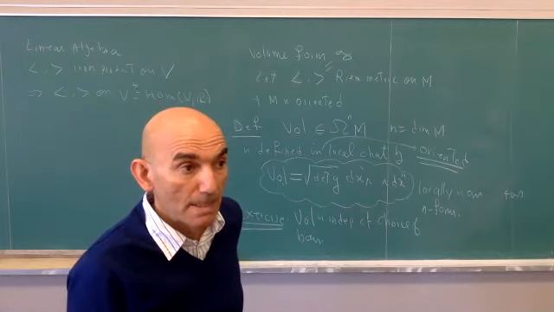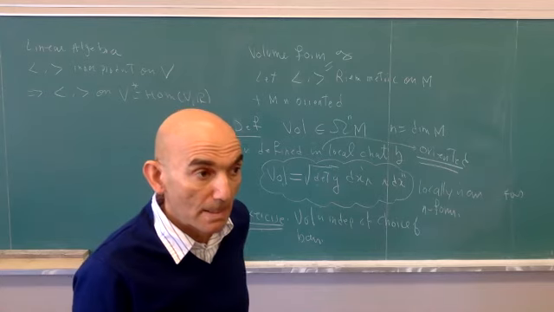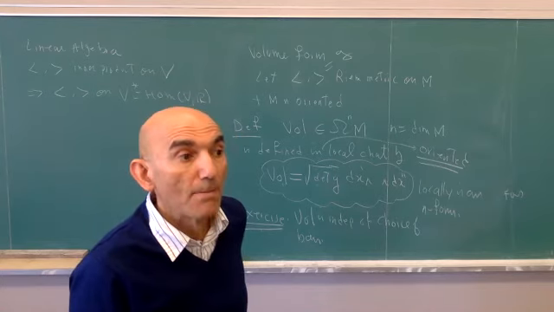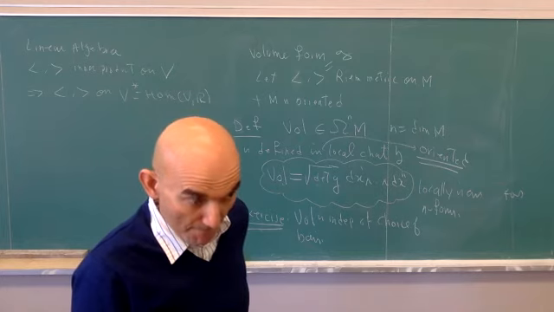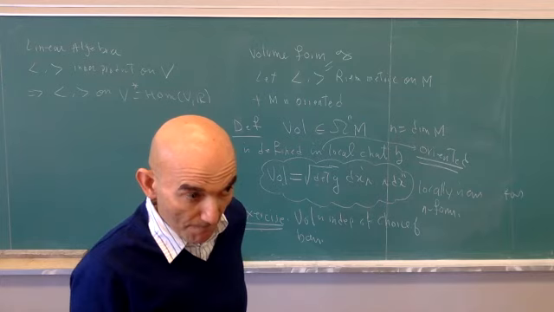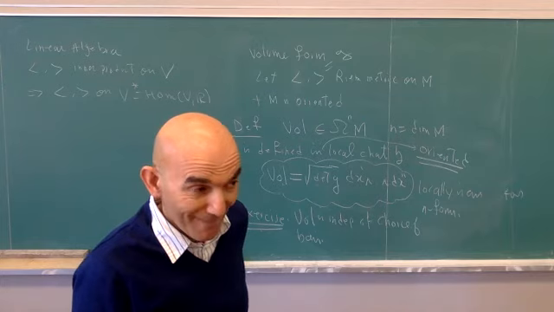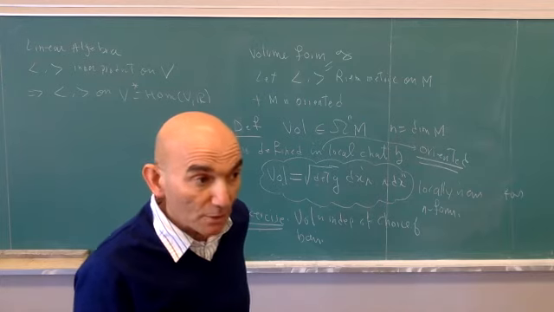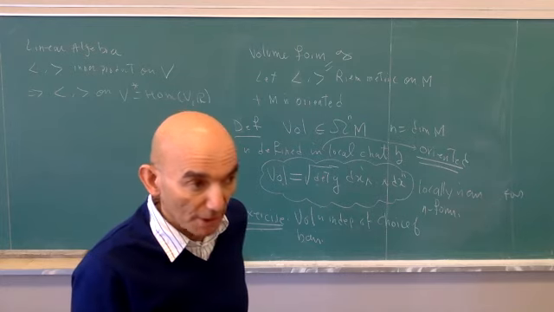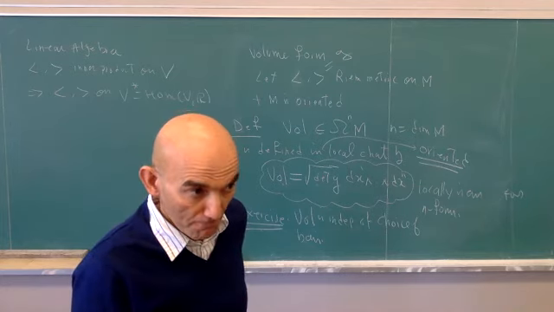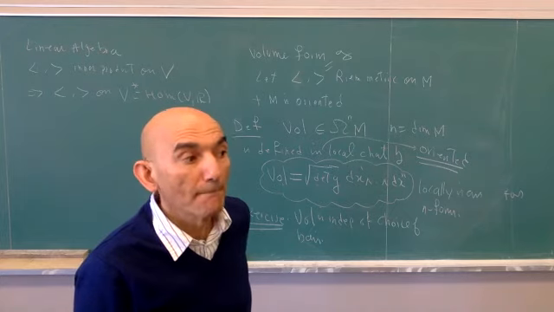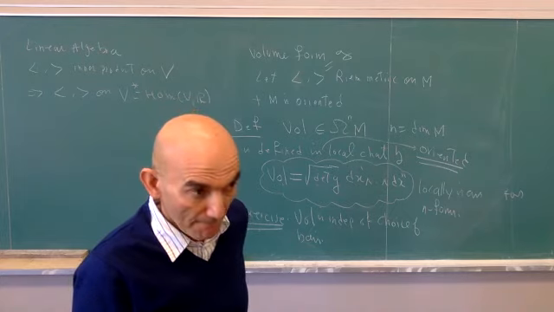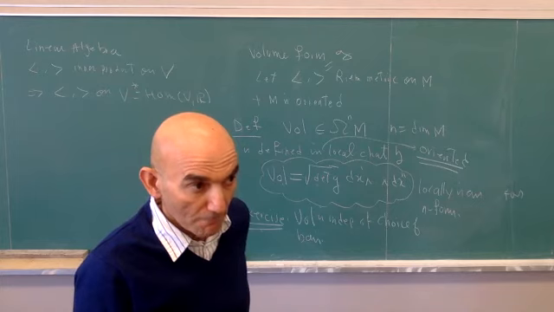Defined by a basis. If you choose a basis E1 to En for V, then you have E1 star to En star, and then how do you define it? Yes, the tensor product of Ei star and Ej star should be delta ij.